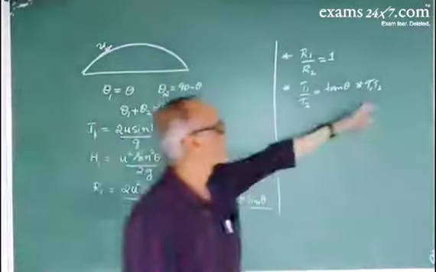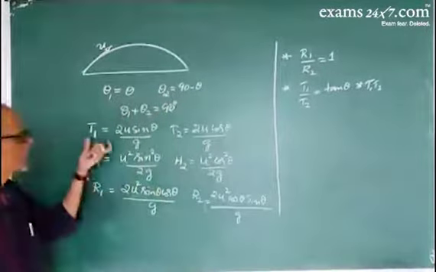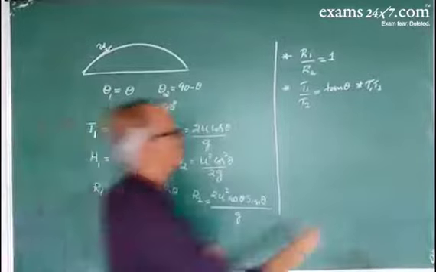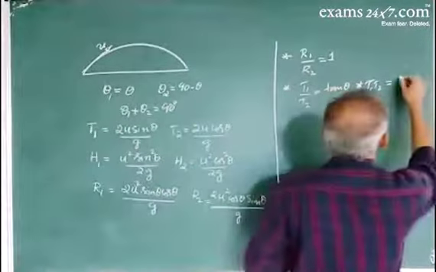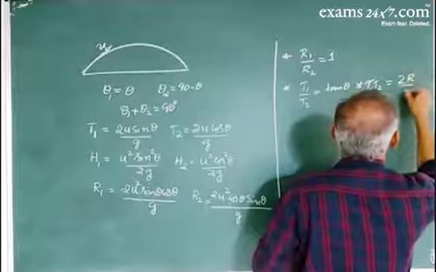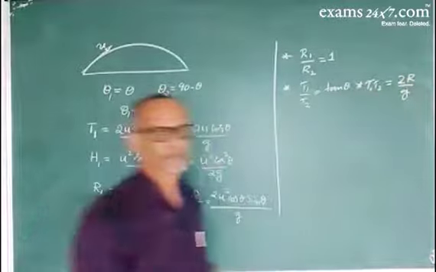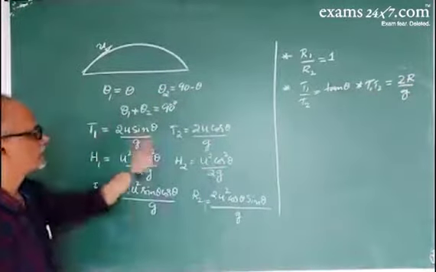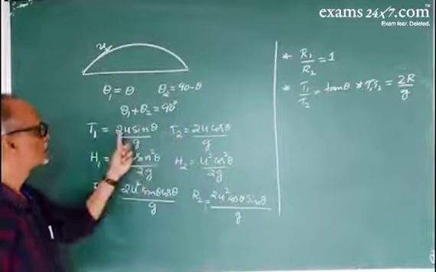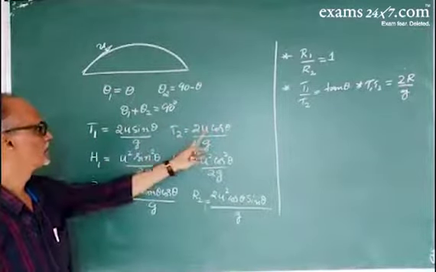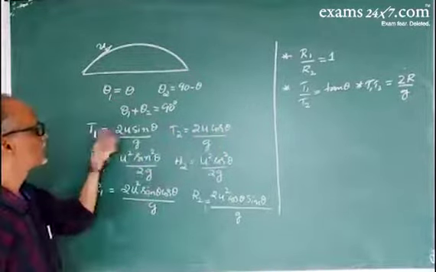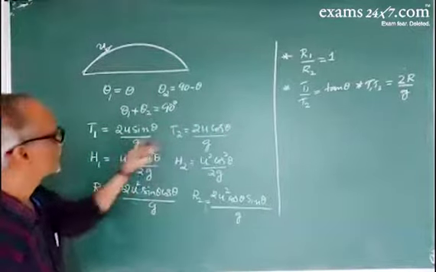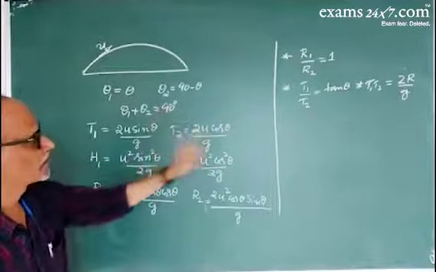Then T1 into T2: if I multiply these two equations, we get u square sine theta cos theta becomes R, and one of the two will remain, and we get 2R by g.